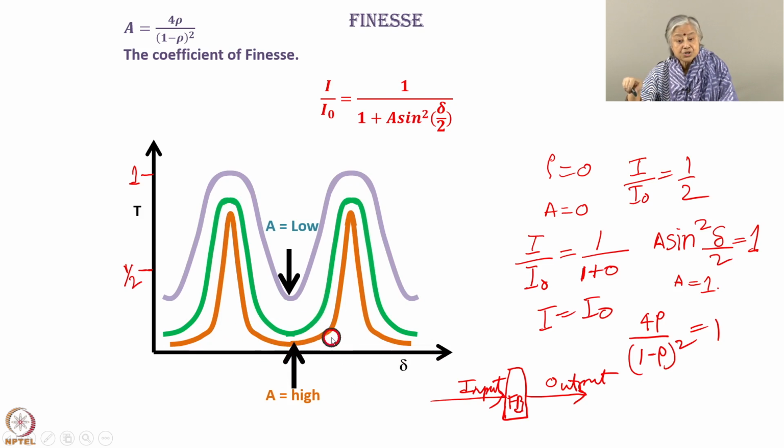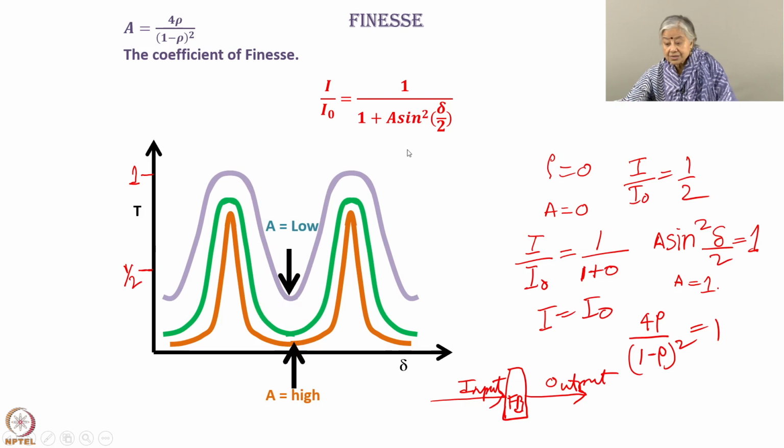You can distinguish the maximum and the minimum very well, and that is all because of the coefficient of finesse. In case of the purple curve, you cannot distinguish the maximum and the minimum very well, because the minimum is not 0 and the maximum may be 1, but the minimum is not 0. So, that contrast is not that good, or the visibility is not that good.